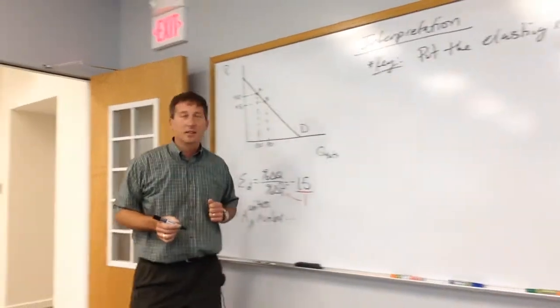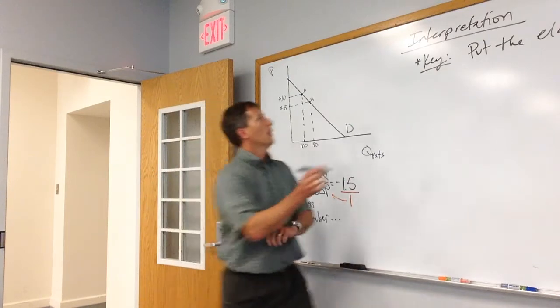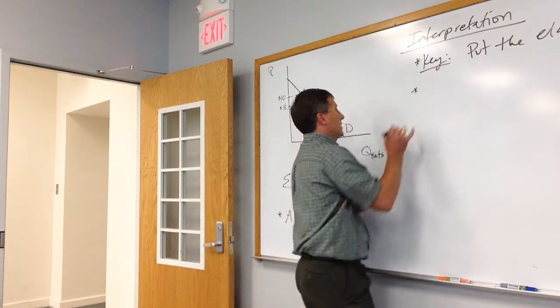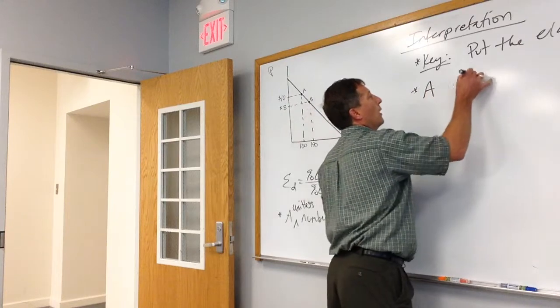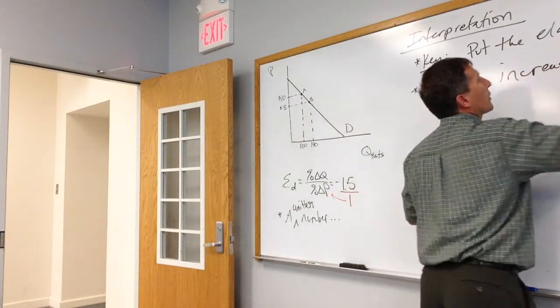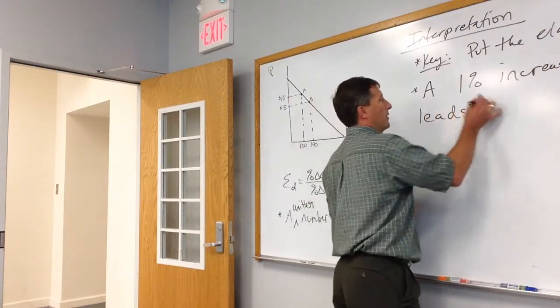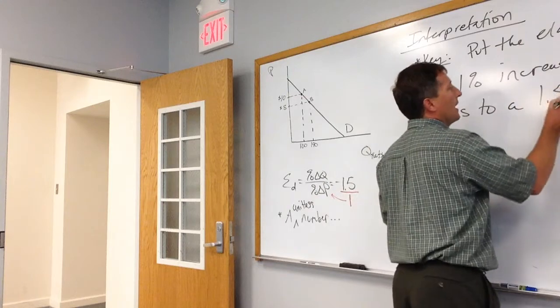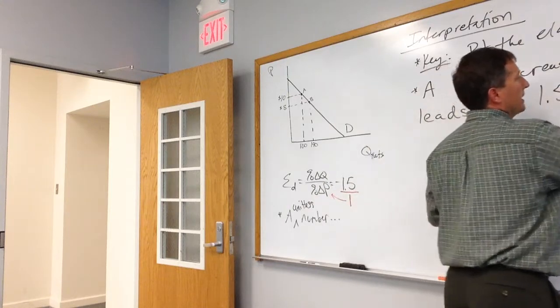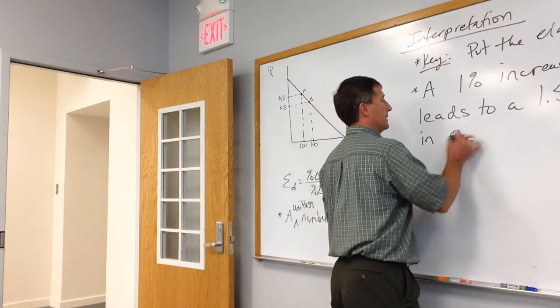And so the interpretation is a 1% increase in price leads to a 1.5% decrease in quantity.